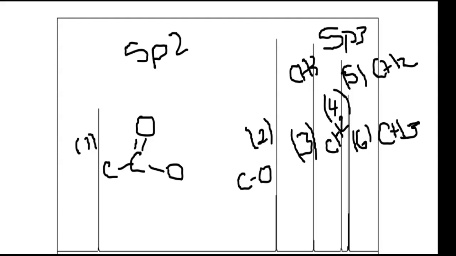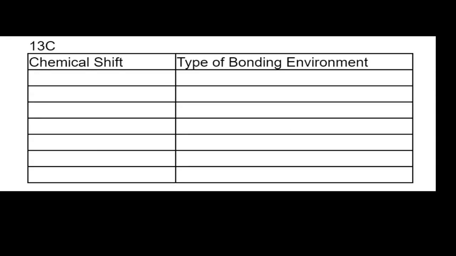And also I have written down that anything going towards the left, from 100 to 200, would be considered downfield for electronegativity, and anything from 100 to 0 would be more upfield. Okay, now I'm going to fill out my carbon 13 table.